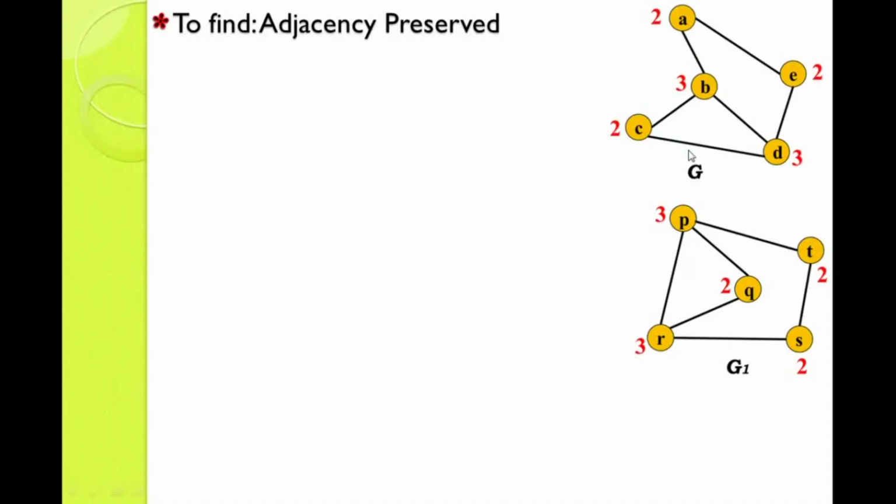If any one vertex does not satisfy this, then the given graphs are called what? Not isomorphic. So now I am going to choose one vertex here. That vertex is A. Before that we define a function f from G to G1.